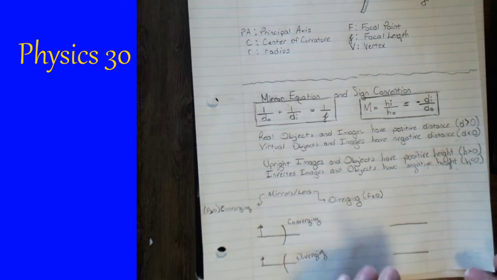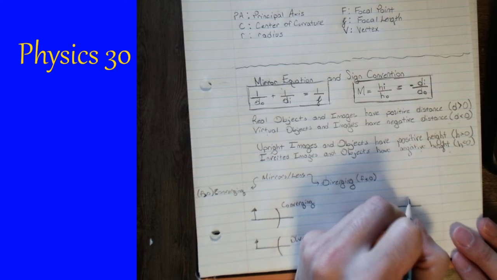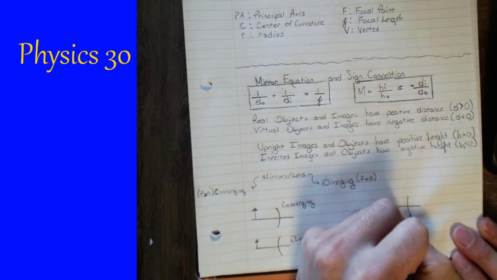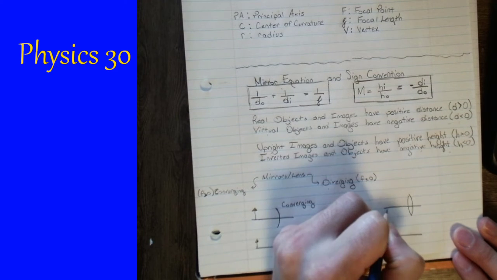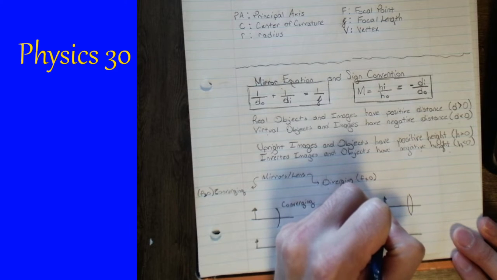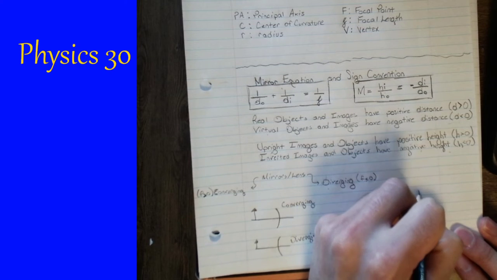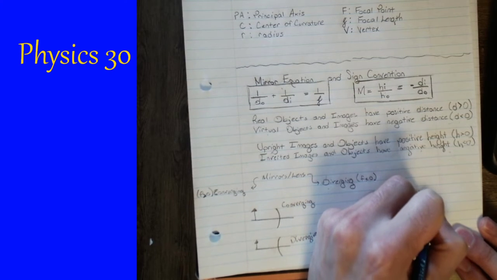It's quite similar for lenses. A lens like so is a converging lens.